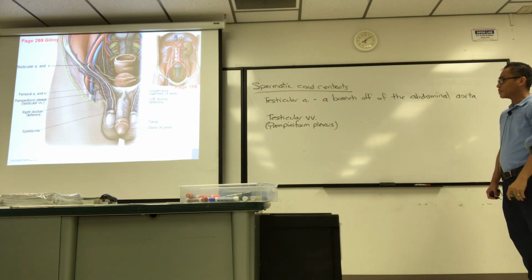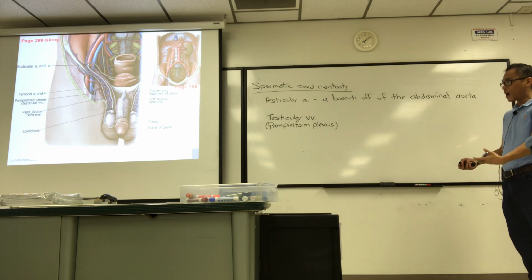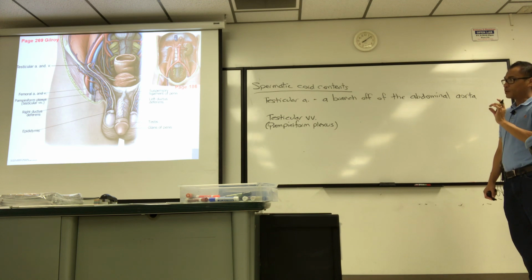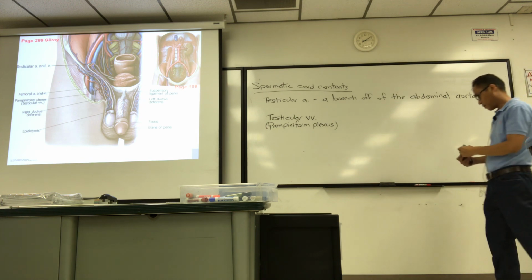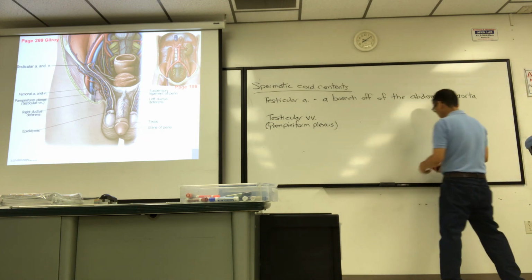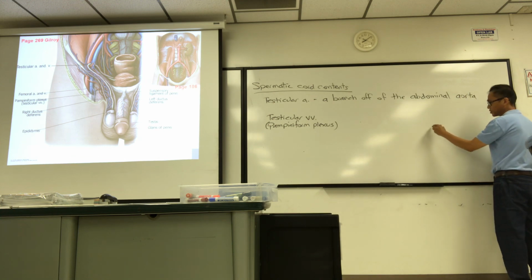I think it's useful to know the reason why there's many veins and one artery: you want the many veins to cool off the hot arterial blood. This is kind of a counter-current exchange.